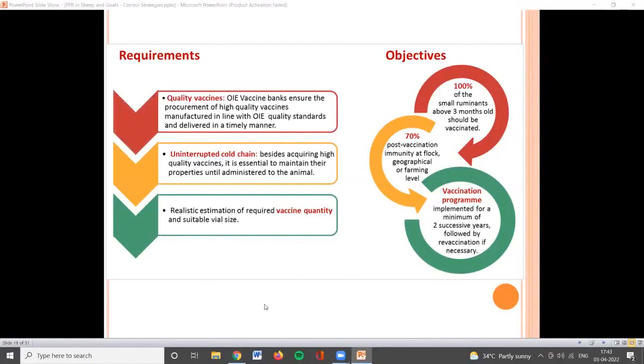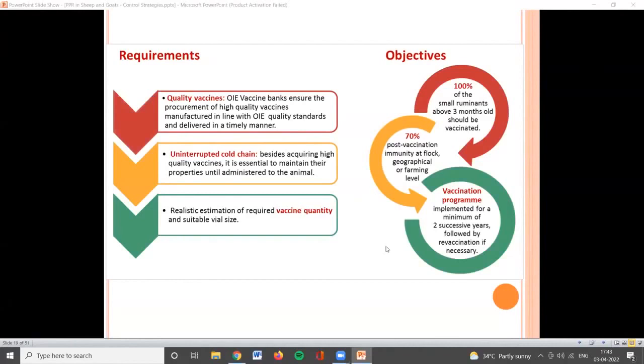Giving the vaccine shot to a diseased animal is not permissible, and some animals are pregnant, so the owner could not go for the vaccination. So he may go for 70 or 80% vaccination in short, so that there is immunity development at the flock level or at the geographical or farming level.